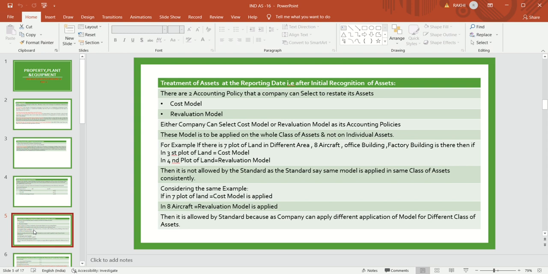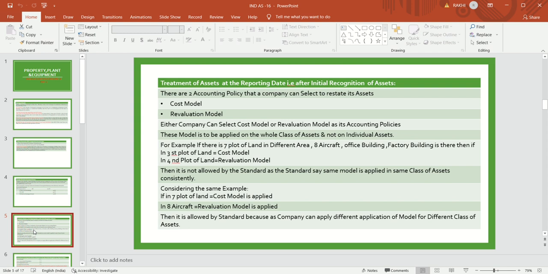Now, in the 7 plots of land, can the company use the cost model on 3 plots and the revaluation model on 4 plots?